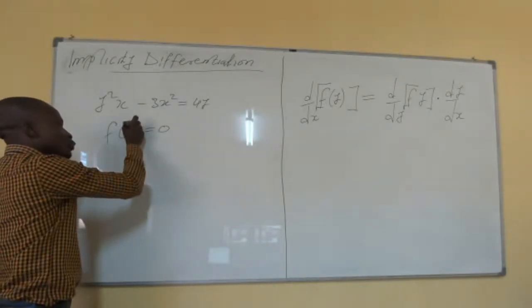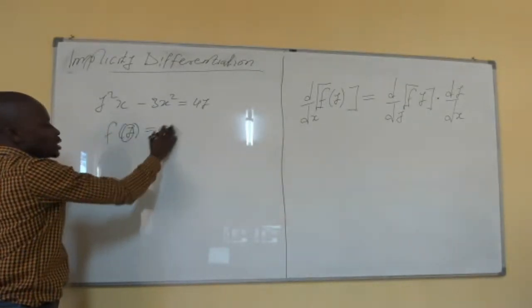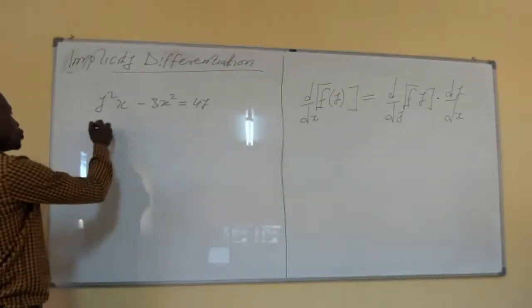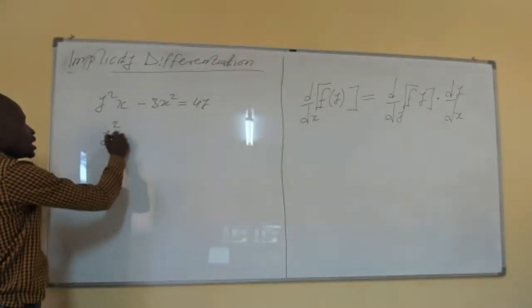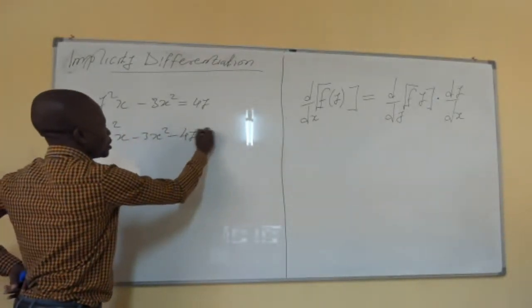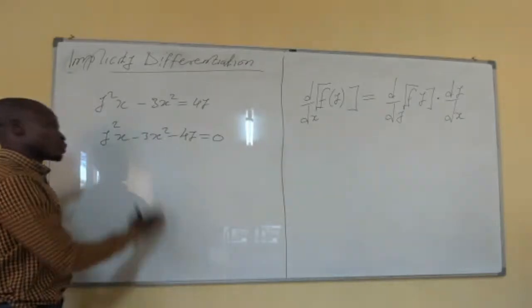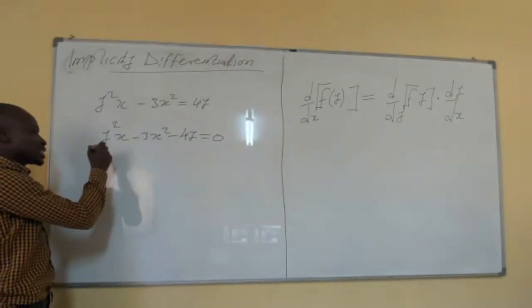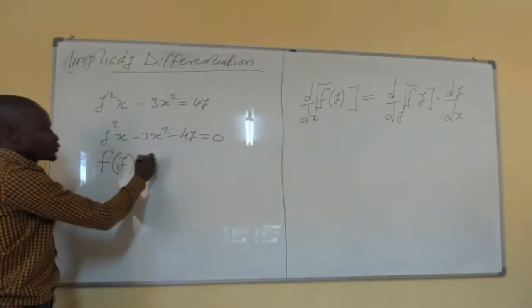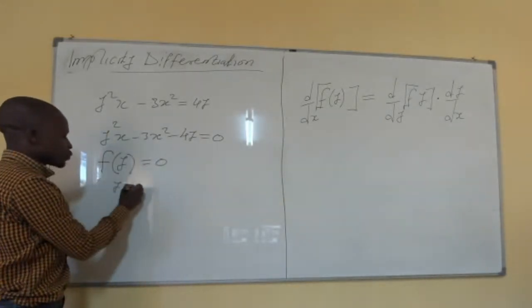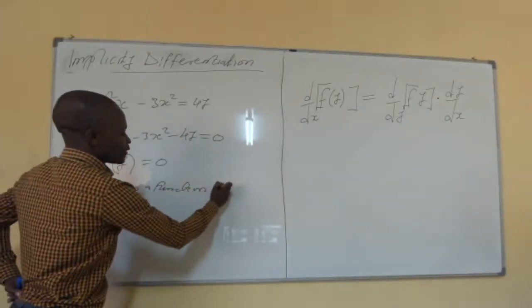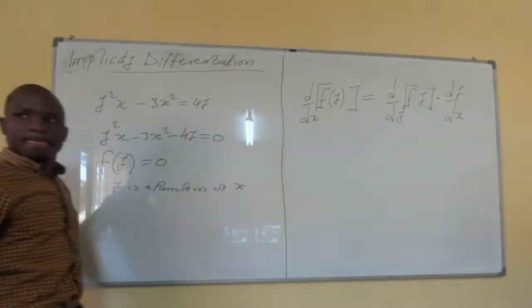The same function you can also write as y squared x minus 3x squared minus 4y is equal to 0. So what we are saying here is a function f of y, which is equal to 0, where y is a function of the variable x.